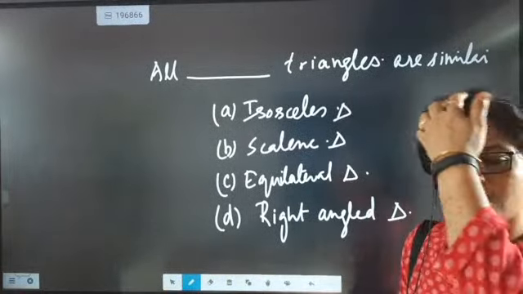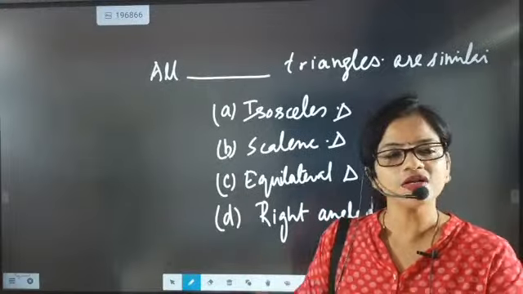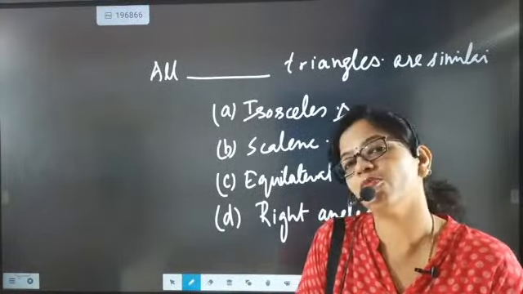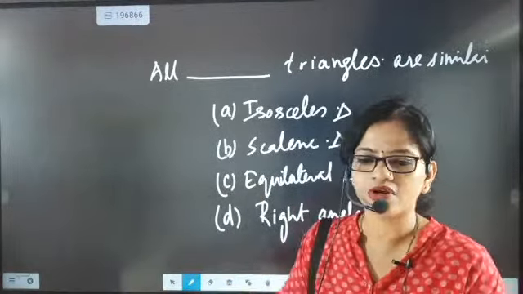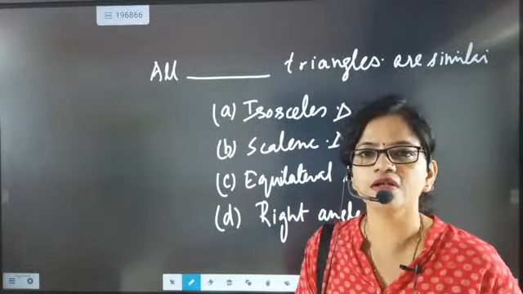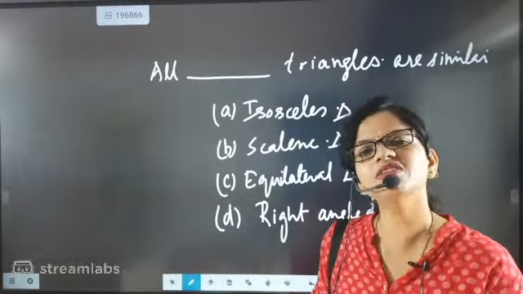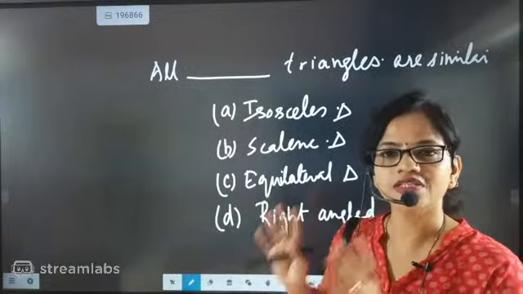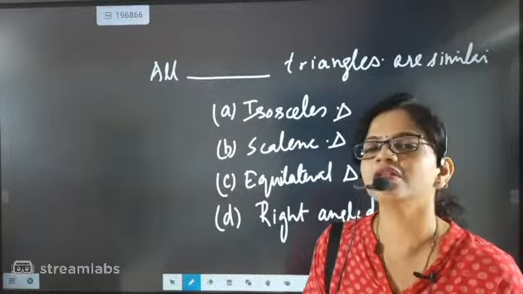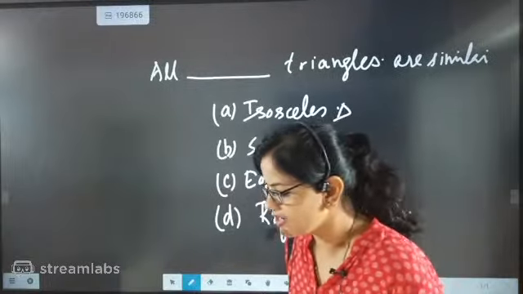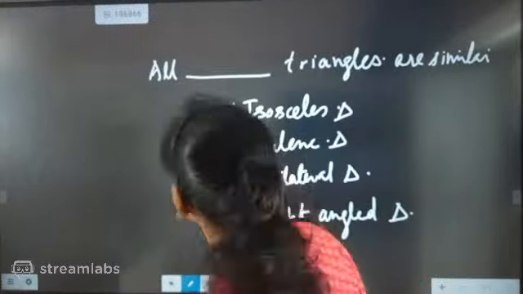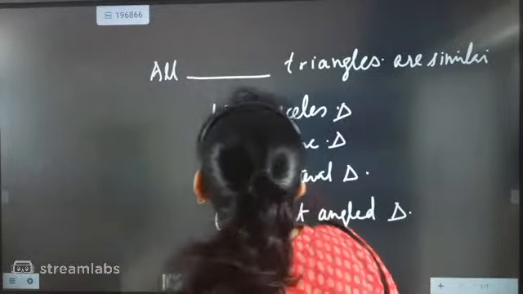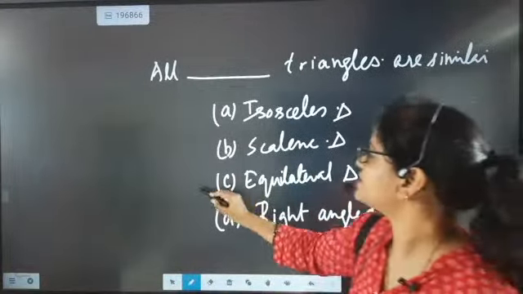Because equilateral triangles will not always be congruent, because sides cannot always be the same. If there are 2, 3, 4 equilateral triangles, they will only be similar but not congruent unless their sides are the same. So the correct answer is the equilateral triangle.